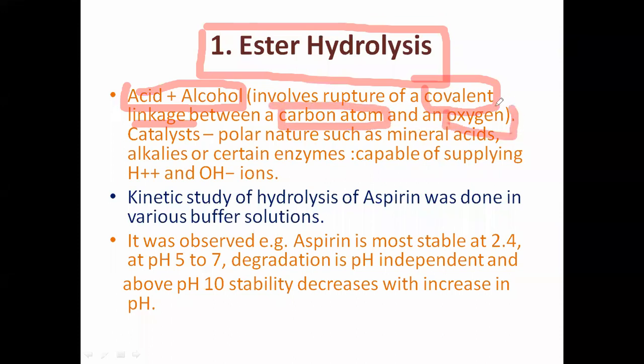So when we have acids and alcohol in one place, at that time there will be a rupture of the covalent linkage which is present between the carbon atom and an oxygen. Then the catalysts are such as the polar nature of mineral acids, alkalis, or certain enzymes.